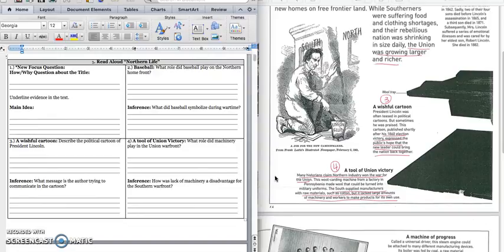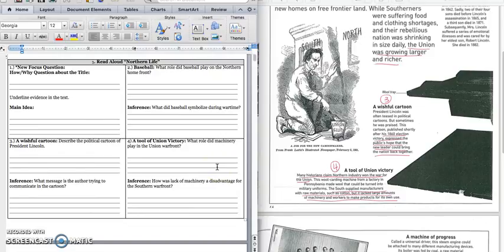The South supplied manufacturers with raw materials, such as cotton, but it lacked large amounts of machinery and workers to make products for its own use. So in the first part it says, what role did machinery play in the Union war front? And if we go back in the text, it says that Northern industry actually helped win the war. So this industry or the machinery helped win the war.